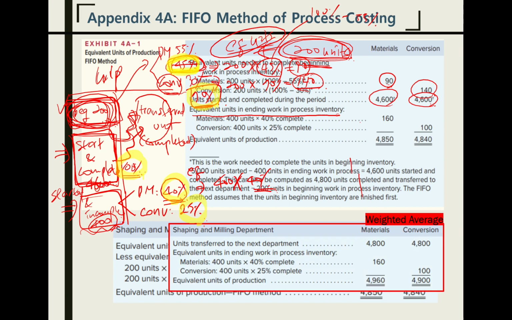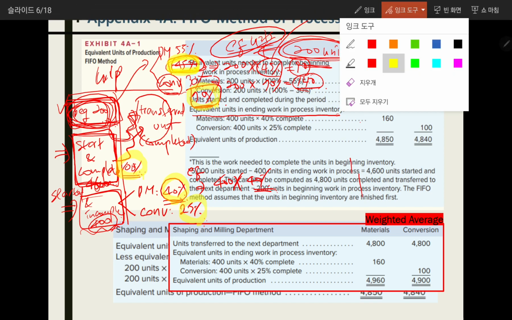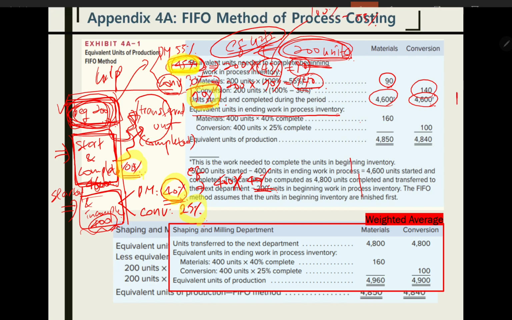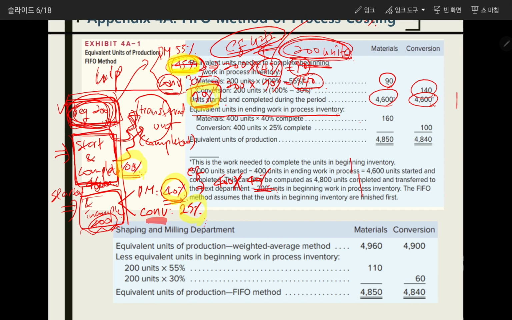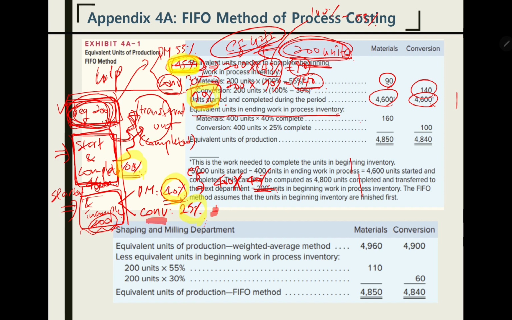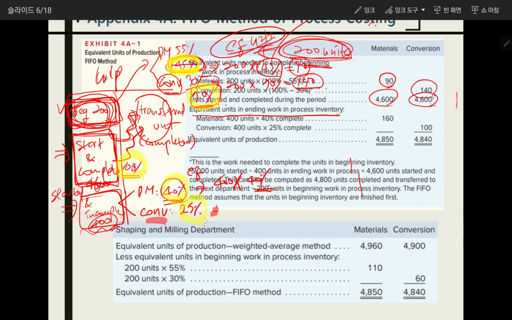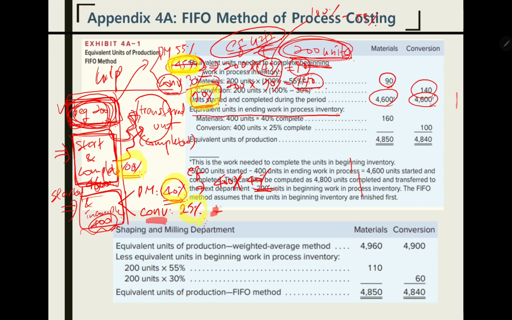Okay? So let me go back to my pen. Okay. So conversion cost, its equivalent unit is 400 units times 25%.